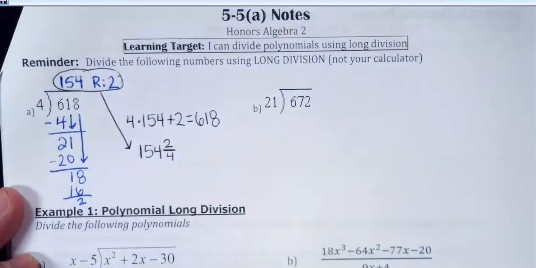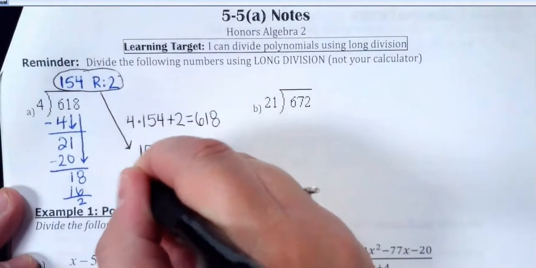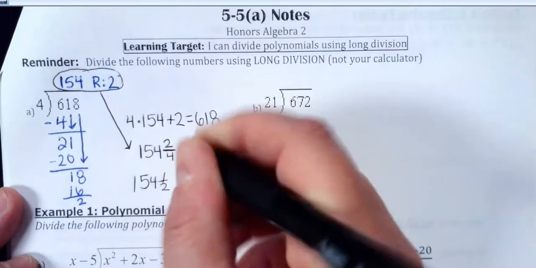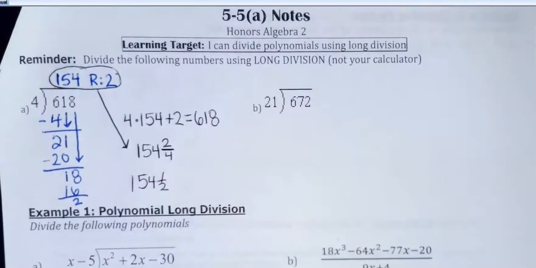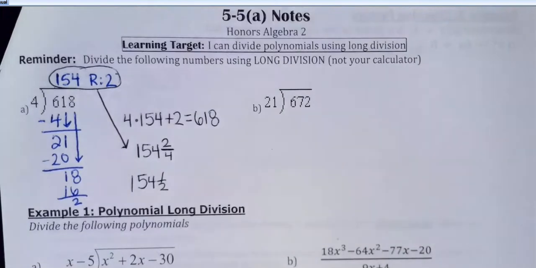This is not my most perfect example because that could be reduced. So that would be 154 and a half, because I can reduce it. But that is another way to write the remainder. Some of the questions are going to ask you to just write remainder and then just put 2 like I did there. Or if you put the remainder over what you're dividing by, that could be simplified further. We're going to do this a little bit more with the polynomials, but that's just another way you can write the remainder instead of writing R.